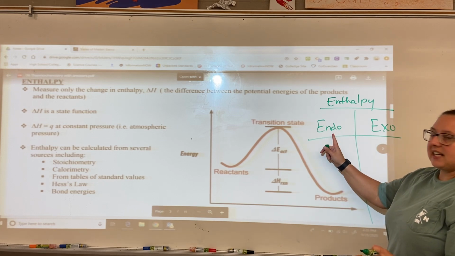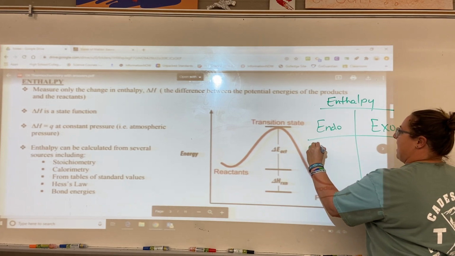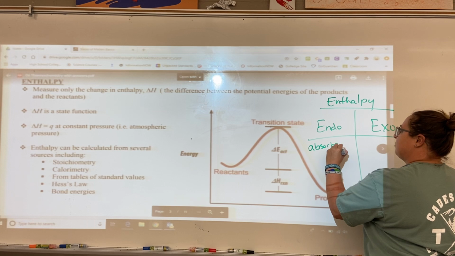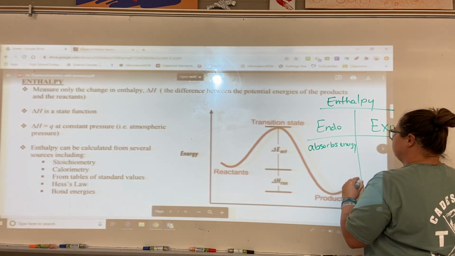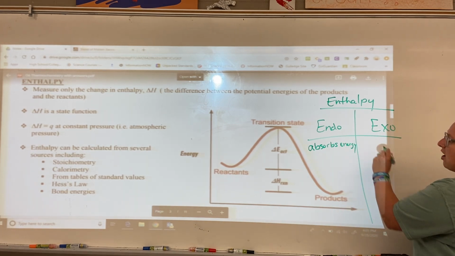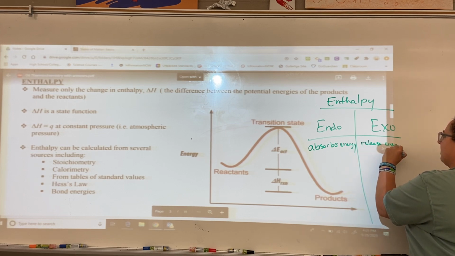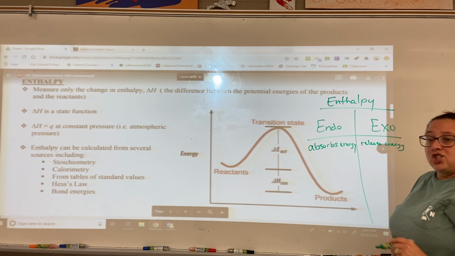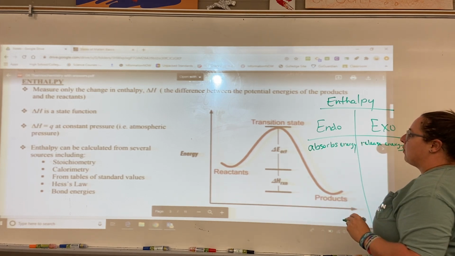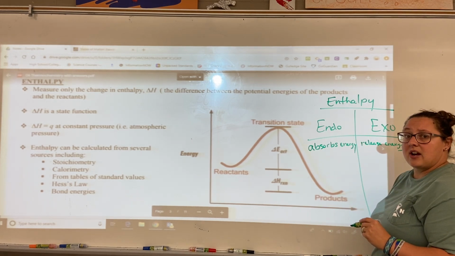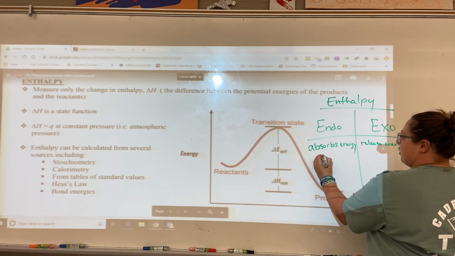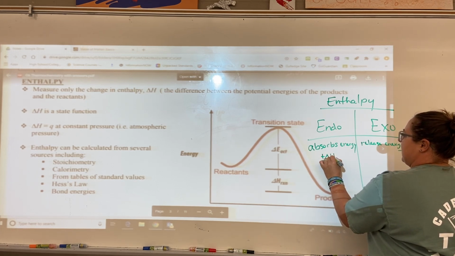Well, we've already stated that endothermic means that the overall reaction absorbs energy. For exothermic, the overall reaction is going to release energy. What else do we know? Well, when we give the signs for endo and exothermic, endothermic gets a positive delta H sign.